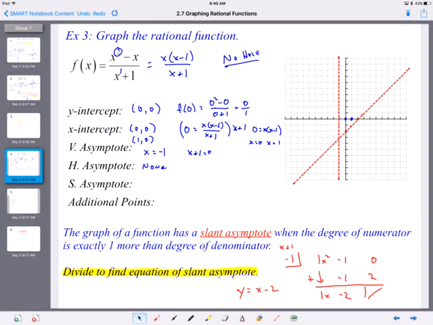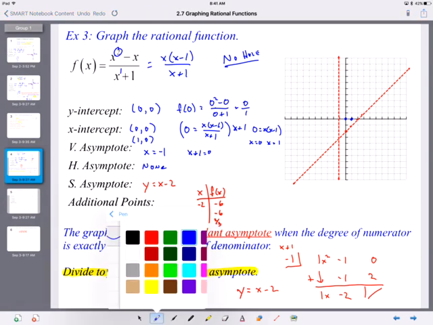So now we need to go to the graphing calculator to identify the additional points that we need at this point. So here we need to write a slant asymptote, y equals x minus 2. And then the additional points for this function. I have some of these written down, so I'll just write them down. Negative 2, negative 6, negative 3, negative 6, and I got 2 and 2/3.